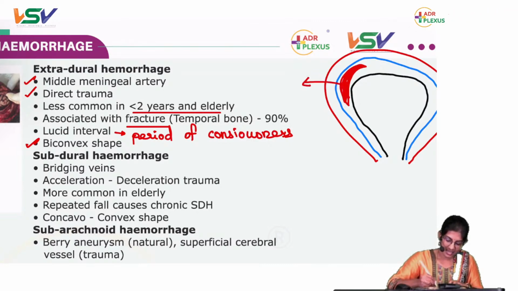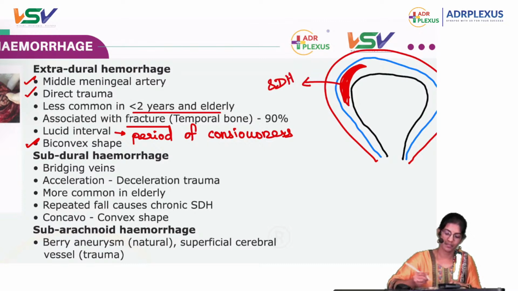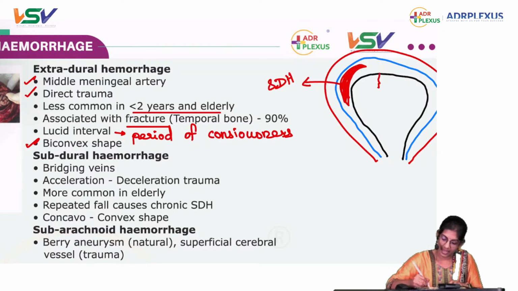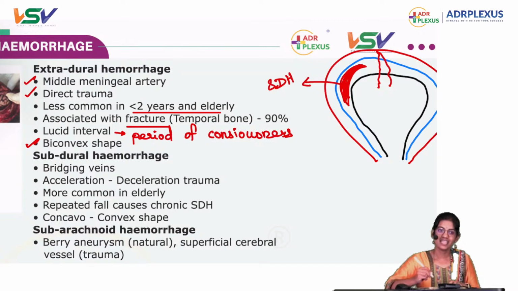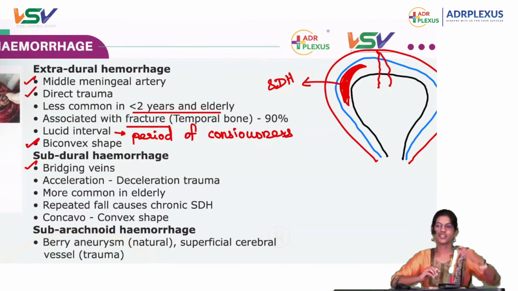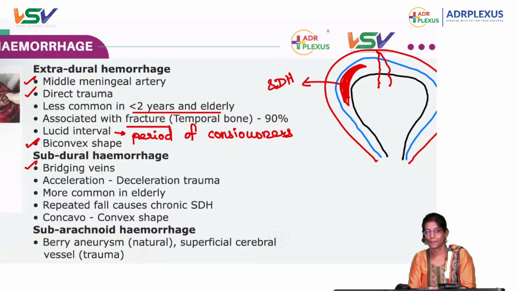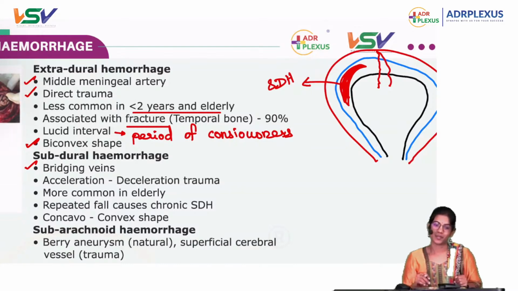This is subdural hematoma. And this bleeds because from the brain, there are vessels which go to the sinuses. These are called as bridging veins. And these bridging veins, which are extended because of the acceleration deceleration trauma, they will break and produce the subdural hemorrhage.